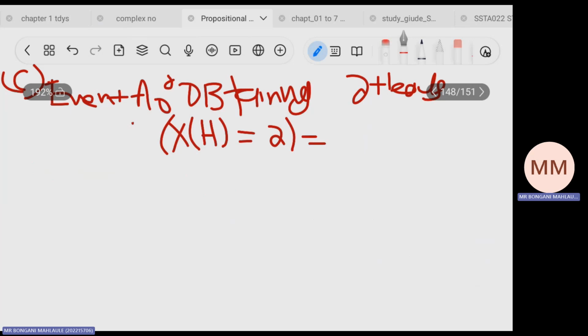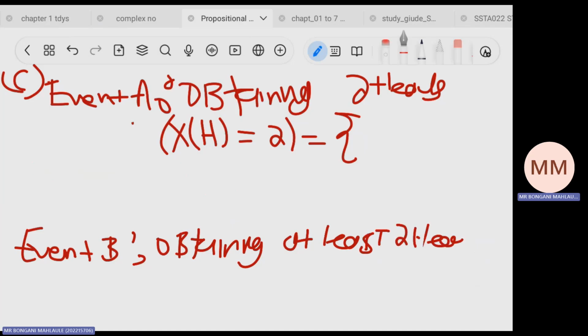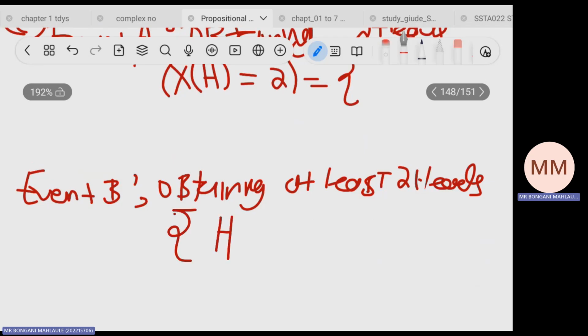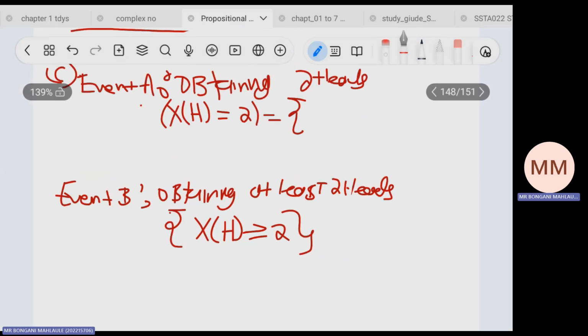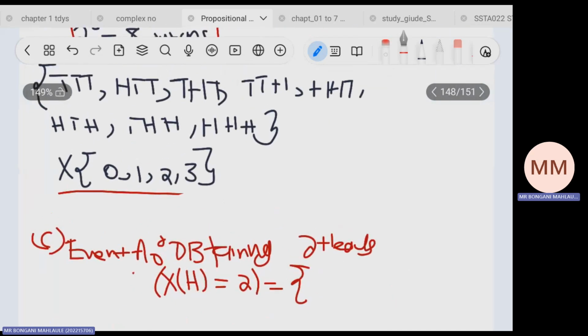So you are going to write the possibilities, and then you say event B, obtaining at least 2 heads. So at least we know it's when x is greater than or equal to 2, meaning you are having 2 or more heads.